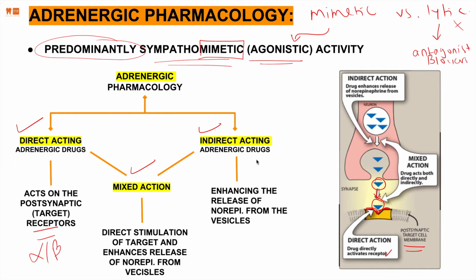Indirect acting, on the other hand, enhances the release of norepinephrine from the vesicles. So this vesicle that protects the norepinephrine from degradation, indirect acting adrenergic agonists will enhance the release of norepinephrine from the vesicle. And mixed action, as it says, is direct stimulation of the target, as well as enhancing the release of norepinephrine. So it works in both directions.